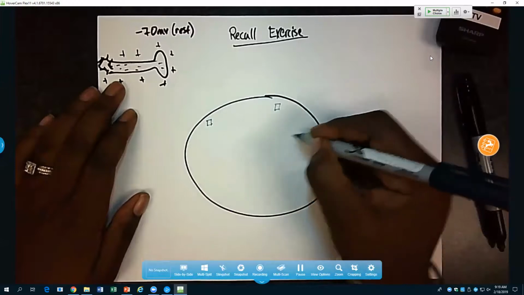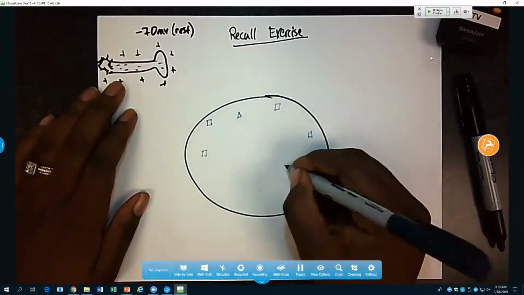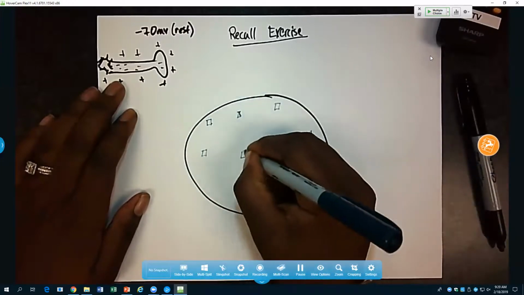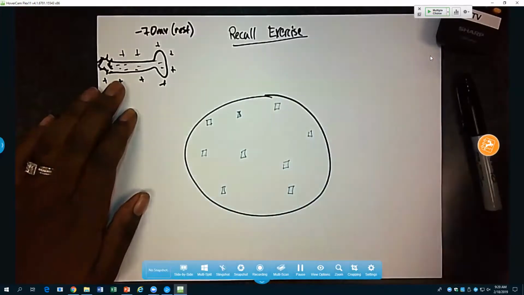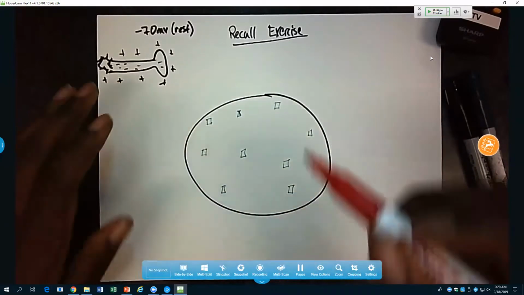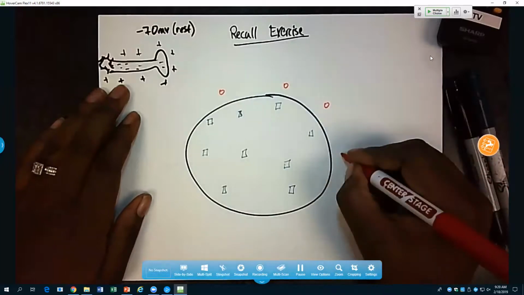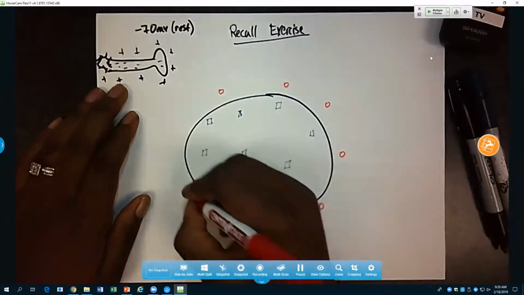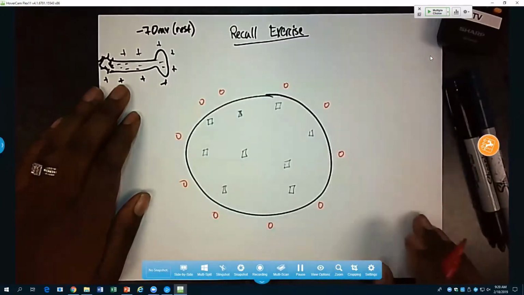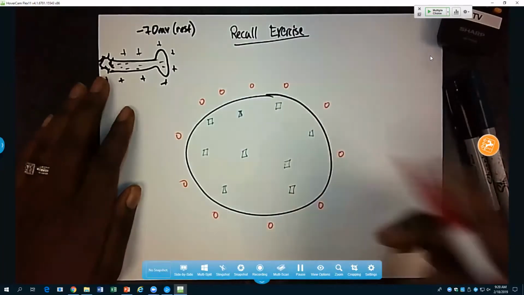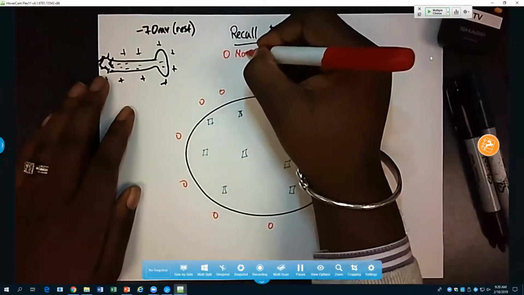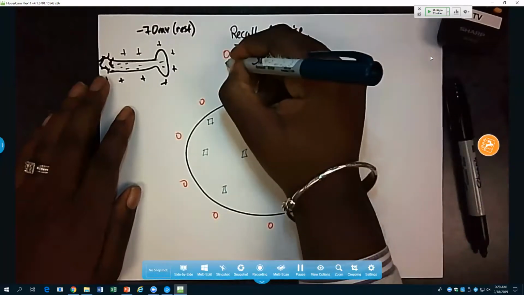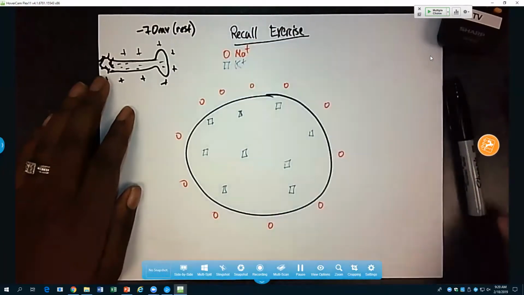Potassium is at a higher concentration inside this cell. Let's draw those as these squares. And then sodium was at a higher concentration outside the cell here. Okay, so this is your sodium, and this is your potassium.